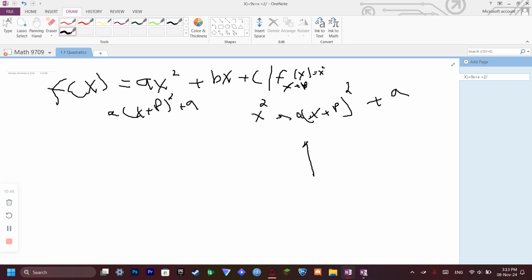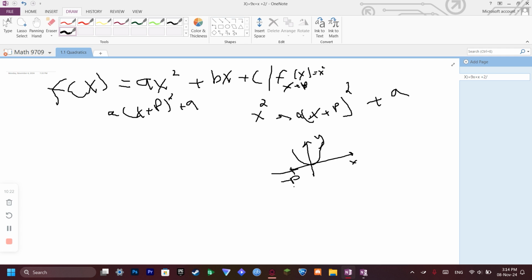So instead of the input being x, the input became x plus p. So if we have our graph, this is y, this is x, and this is y equal x squared. Let's say x equal to minus p. Instead of giving you the actual input of x equal minus p, I gave you x equal to minus p plus p, which is 0.